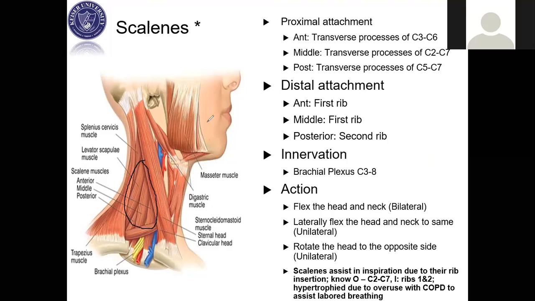There are these 3 muscles, and they attach to the first 2 ribs. Okay? So I want you to know that the scalenes are 3 muscles and that they attach to the first 2 ribs. What I also want you to know is that they perform the same actions in the same way that sternocleidomastoid does.